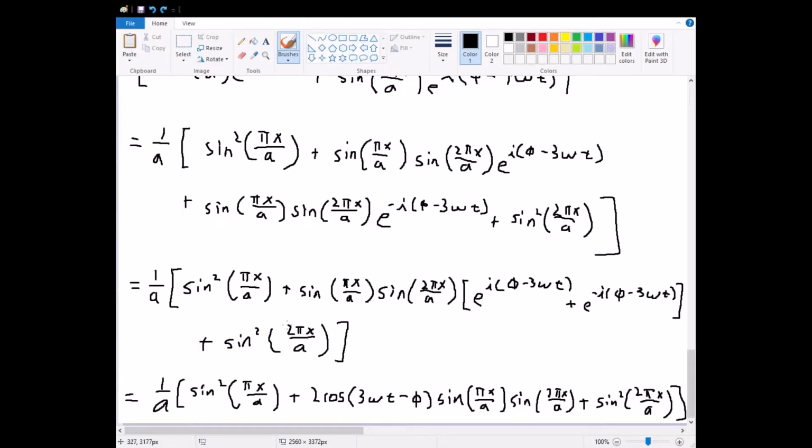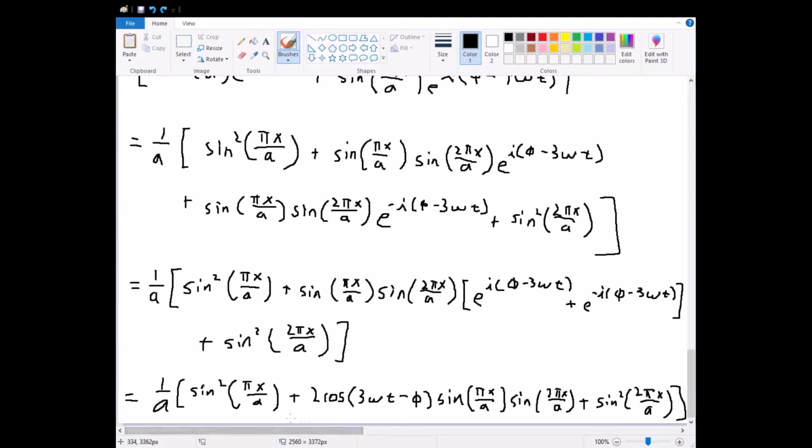And at this point, what we can do is calculate the expectation value of x. We did that in 2.5, and since the only thing that's different is this cosine term, and remember that this cosine term is time dependent and x independent, it just comes out of our x integral when we calculate the expectation value of x.